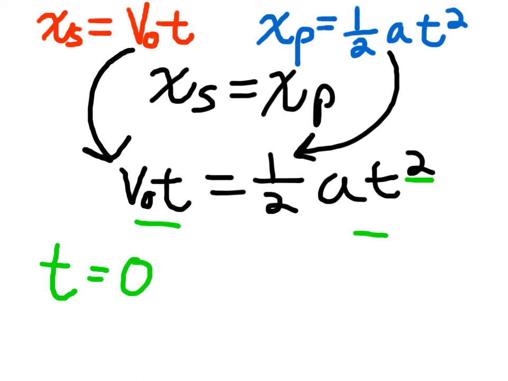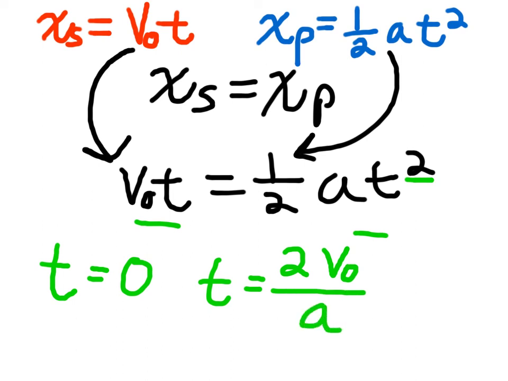The other solution that you should arrive at is t equals 2 v naught, and remember that's the speed of the speeder, divided by the acceleration of the police car. And then it's just plugging in the original numbers, looking back at the problem.